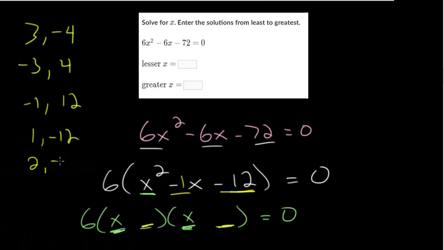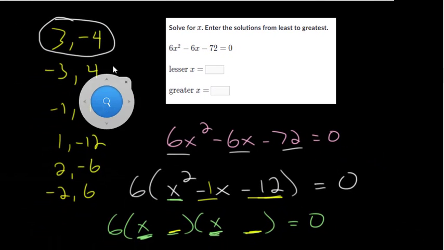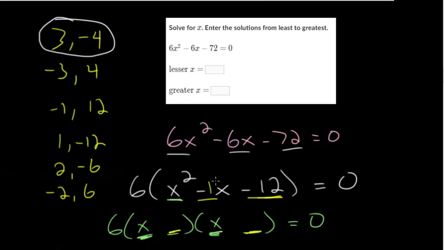It could be 2 and minus 6, or minus 2 and 6. But you can see that minus 4 and 3, if you add those together, you would get minus 1 here. So we have plus 3 and minus 4 in our parentheses.